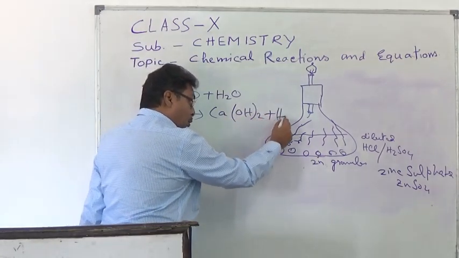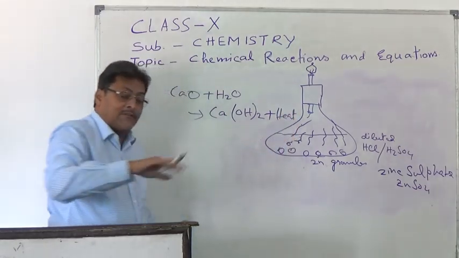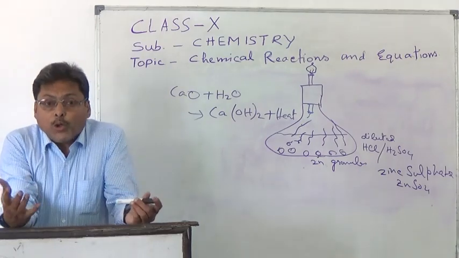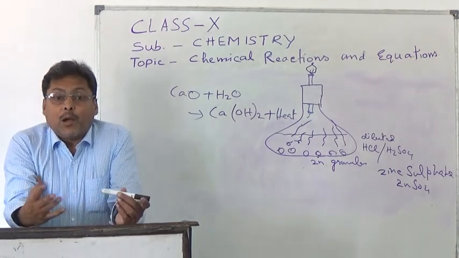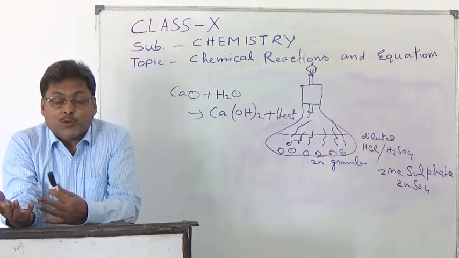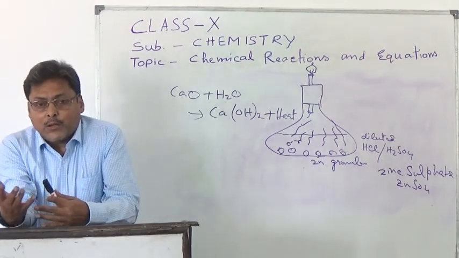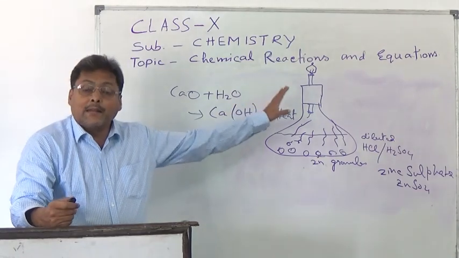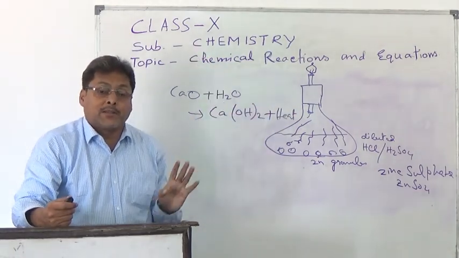But with it you will know that it also evolves heat. It becomes hot. Tuna, if you mix pani with it, it becomes hot. It changes to slaked lime. Quick lime plus water equals slaked lime. Now this is one characteristic or property of the chemical reaction.